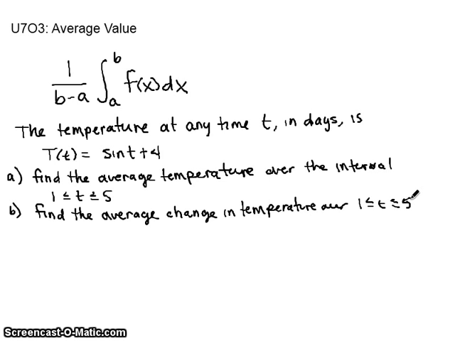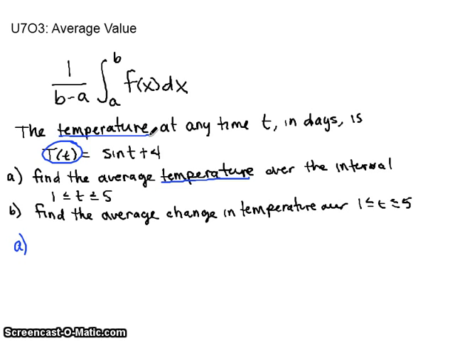So the first one, find the average temperature, and the other one is find the average change in the temperature over that 5-day interval. So to answer part A, what we want to do is look at what the question asks and look at what we're given. It says find the average temperature. When we look at T, we know that T tells us the temperature. So we're trying to find the average value of what we are given.